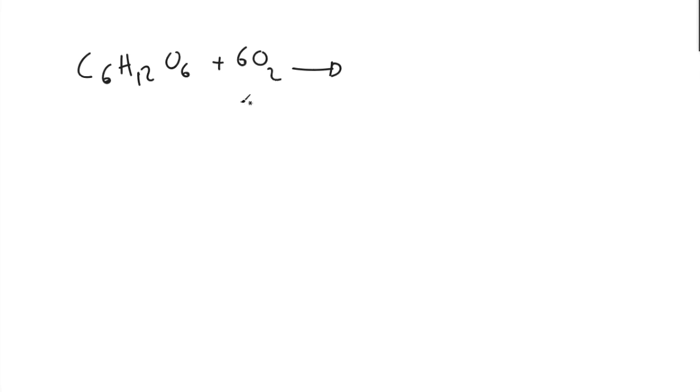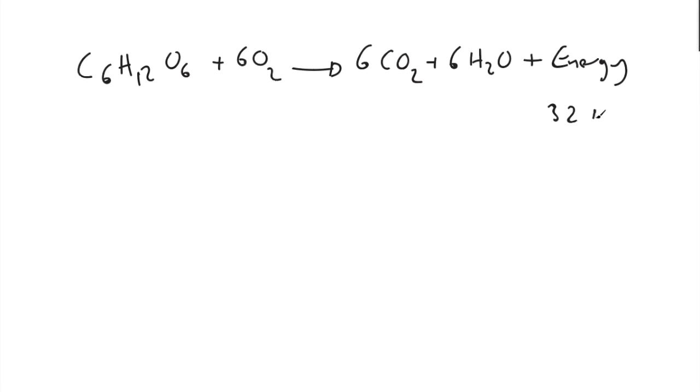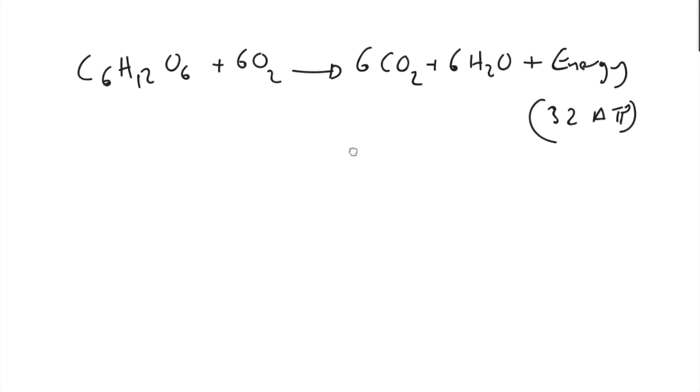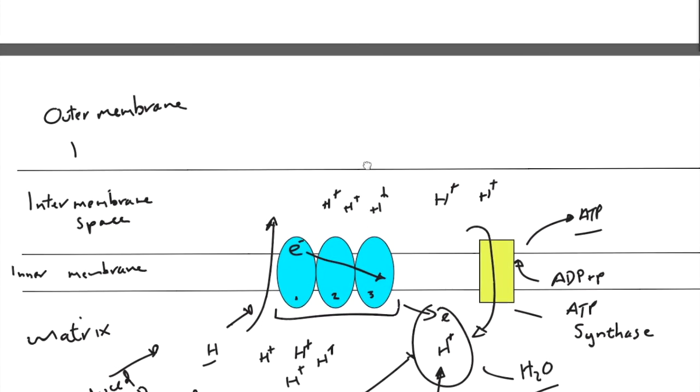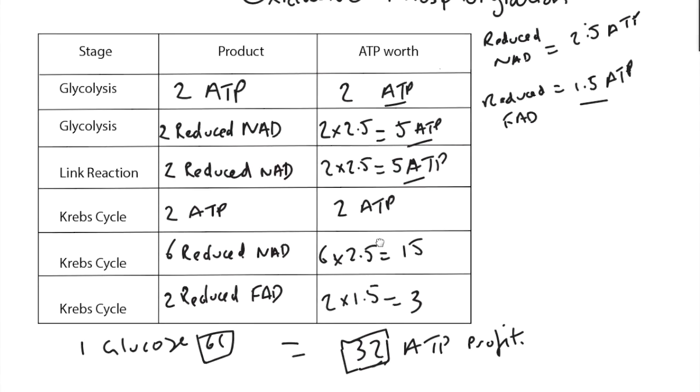And what you get from this is your CO2, which was waste, your water, which comes out as respiration, but also your energy, your 32 ATP. I hope all that makes sense, and there's probably over an hour's worth of videos now explaining respiration, so you might need to go over them again.